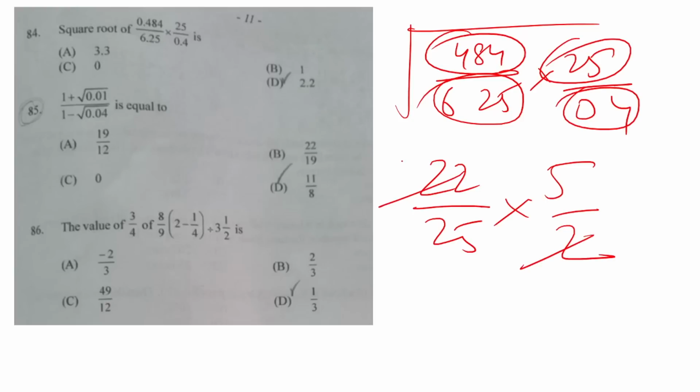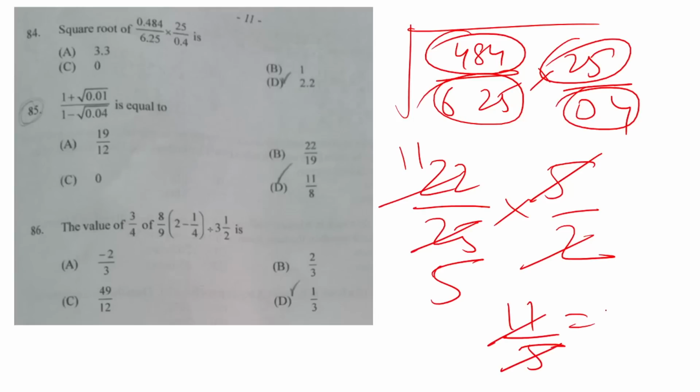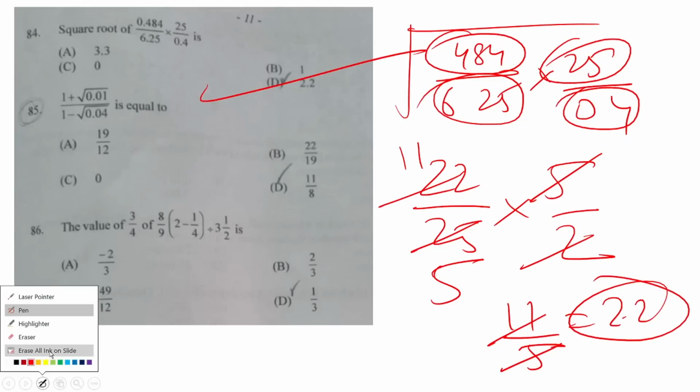Cancelling 22 by 2 gives 11 and cancelling 5 in 25 gives 5. So what will be our value? 11 by 5, which is 2.2. Option D is the correct answer.